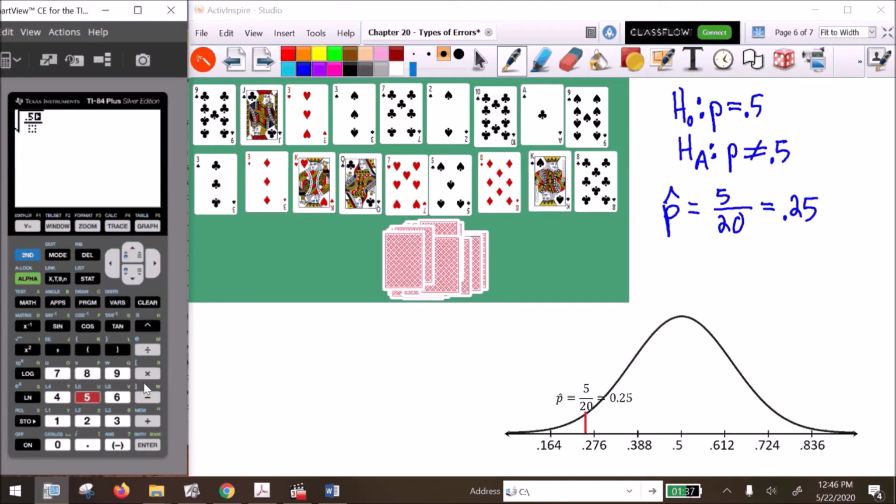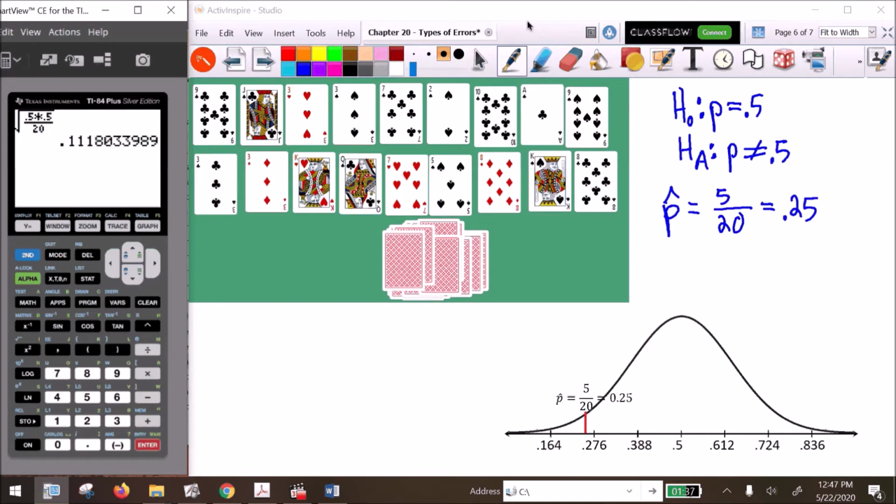So 50% red times 50% black out of 20 card sample, and I have a standard deviation of 0.112. I counted that standard deviation 3 times in each direction, and I plotted my p hat.